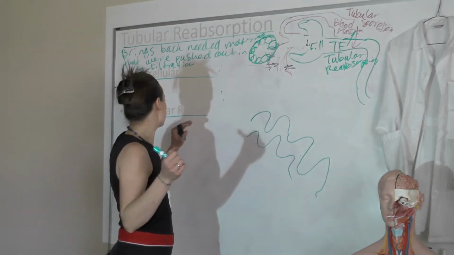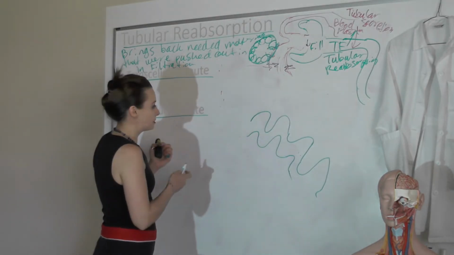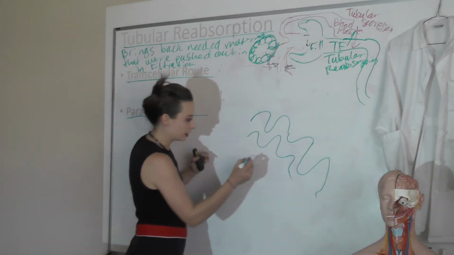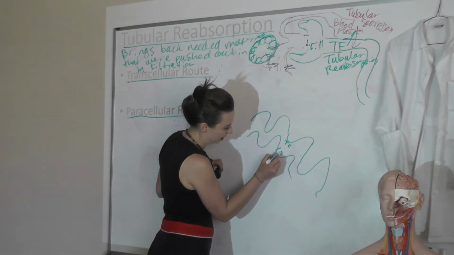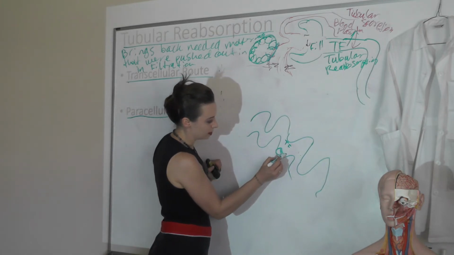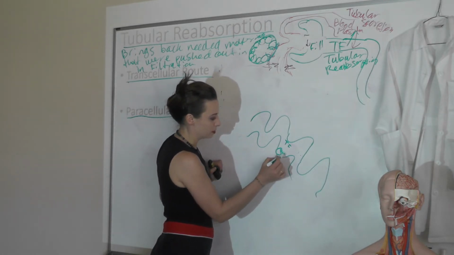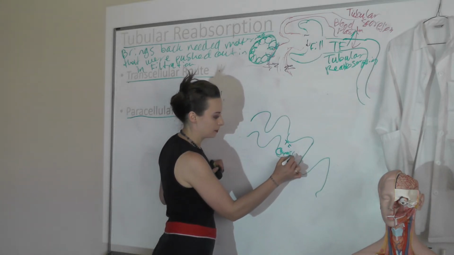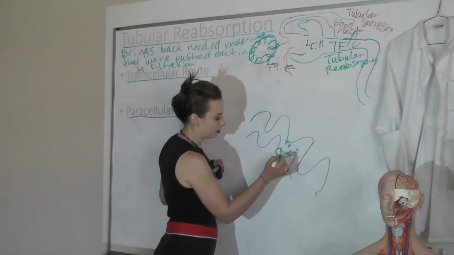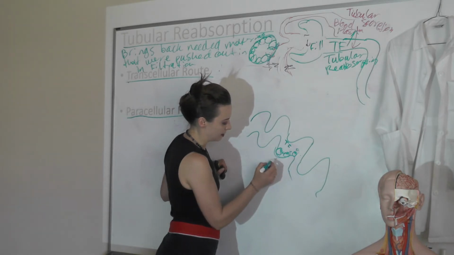So that reabsorption is happening if we look in here and zoom in here. Here's our tubular fluid passing through here. So which surface of these epithelial cells is this? The apical or the basal surface? This is the apical surface, right? And the basal surface is out here.